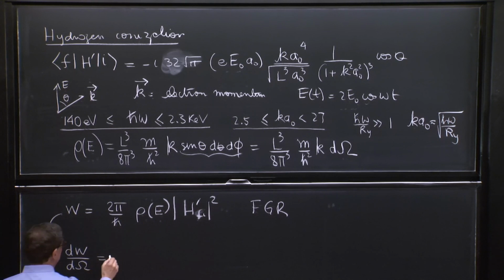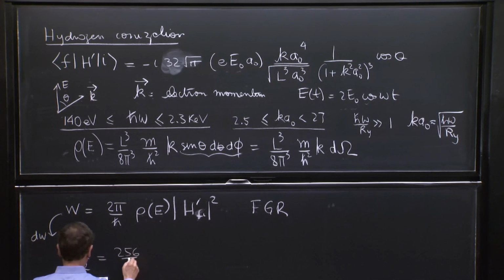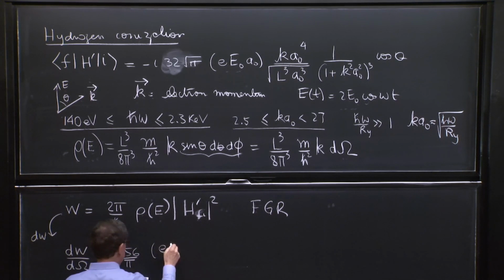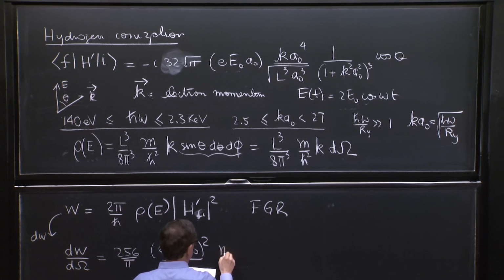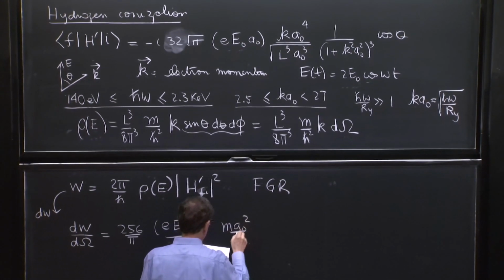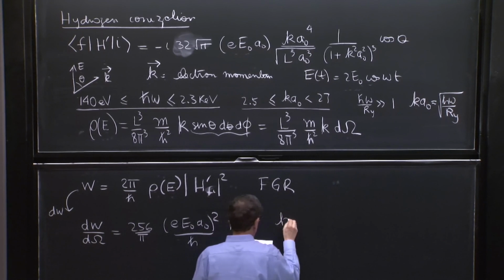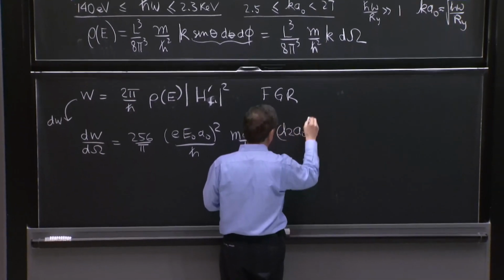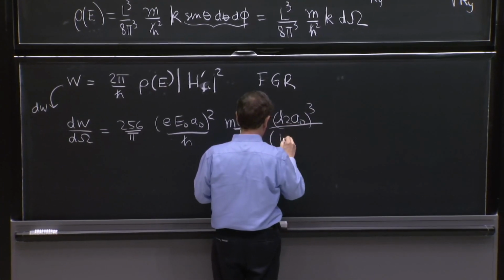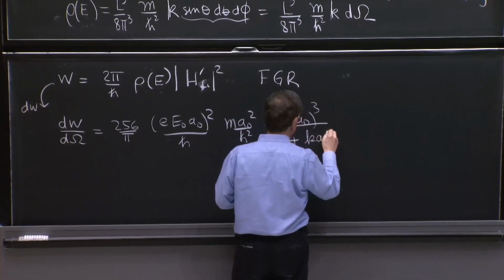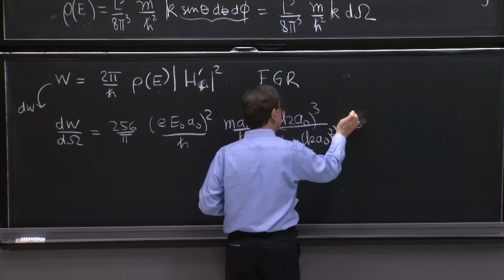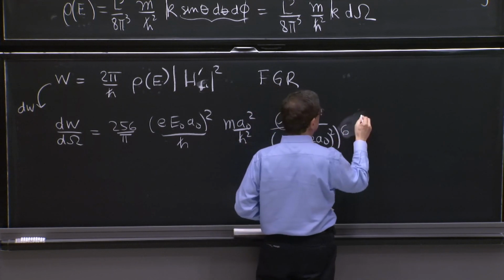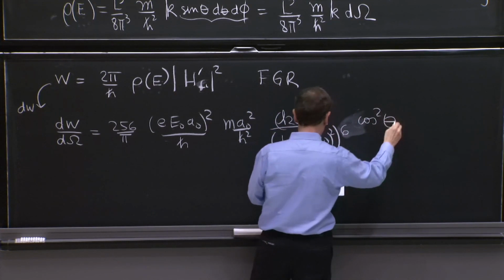And here's what we get: 256 over pi, E naught a naught squared over h bar, m a naught squared over h bar squared, k a naught cubed over 1 plus k a naught squared to the 6th, times cosine squared theta.